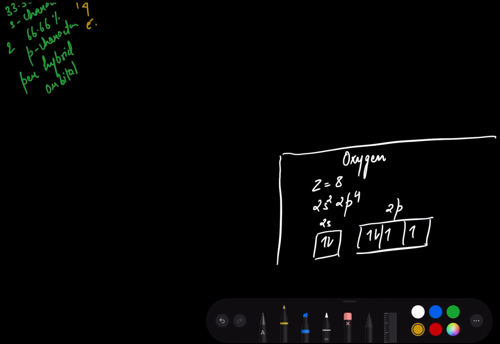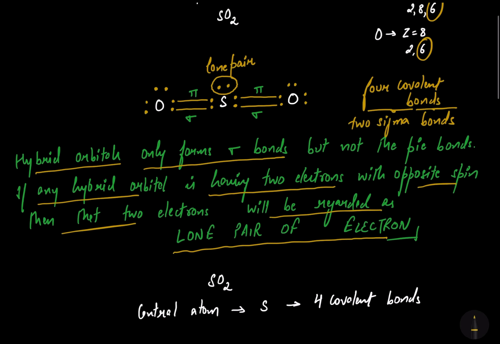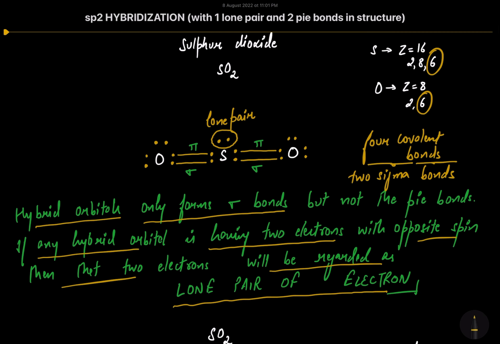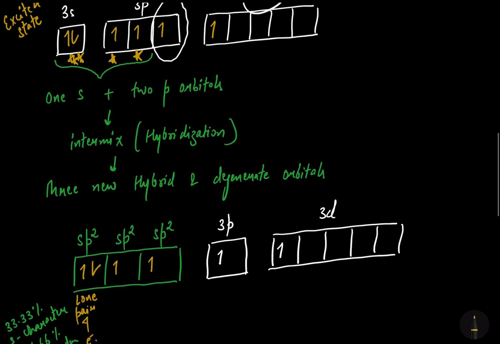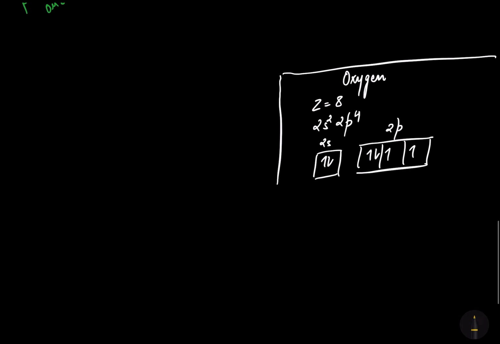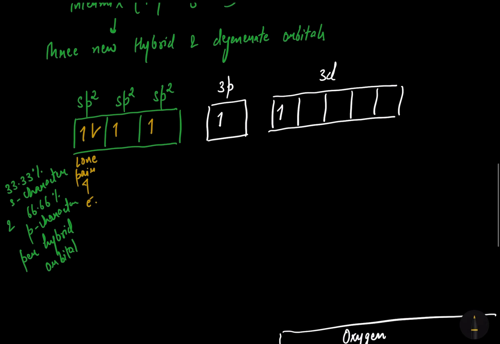Now let's come back to the Lewis structure. Oxygen is forming 2 bonds with sulfur, out of which one is sigma and the other is pi. So that means here one electron will form the sigma bond and the other will form the pi bond. So let's take this in the hybridization.